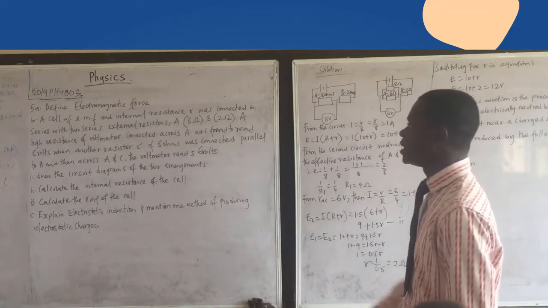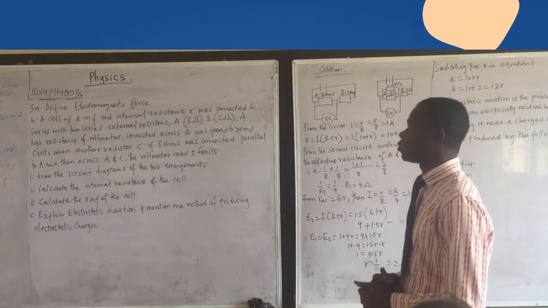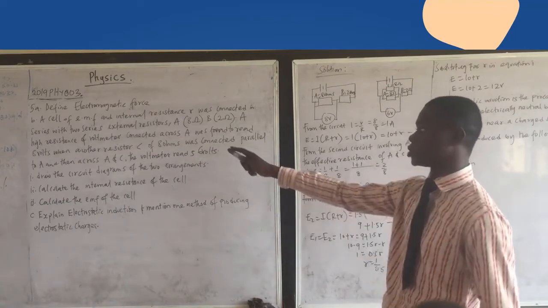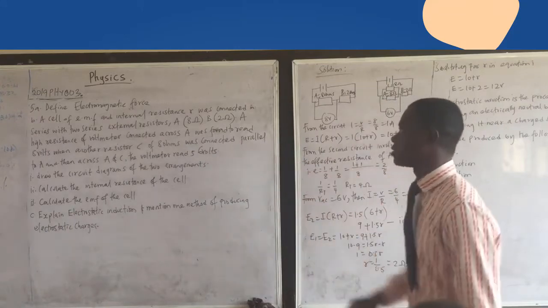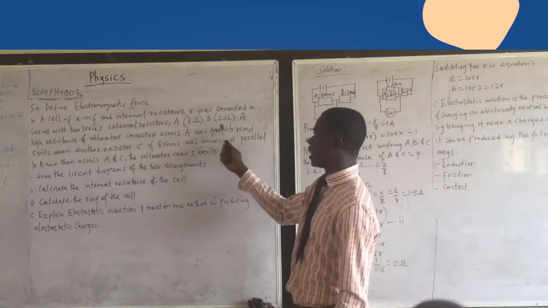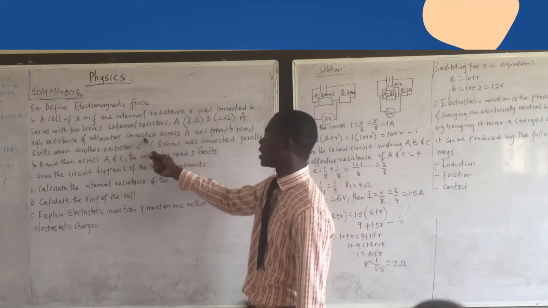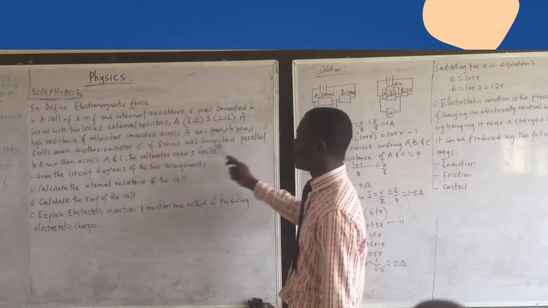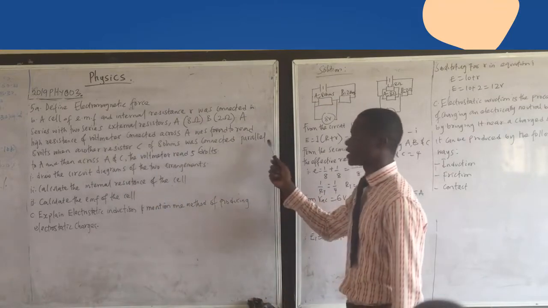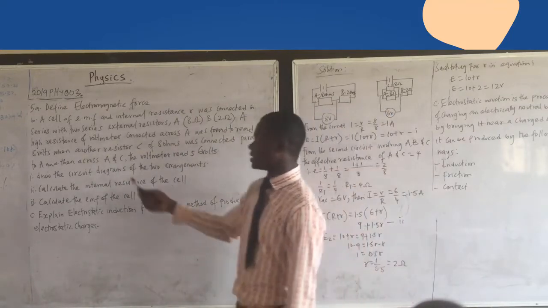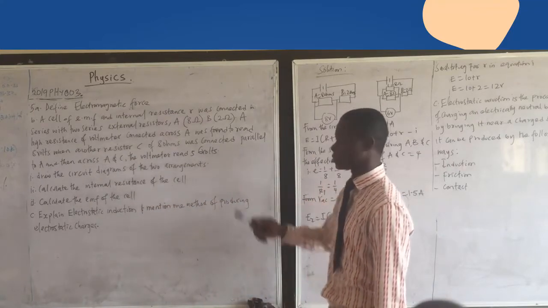So question B, a cell of EMF E and internal resistance r was connected in series with two external resistors, 8 ohm and 2 ohm. They now make us understand that a high resistance voltmeter connected across A was found to read 8 volts, and when another resistor C of 8 ohms was connected parallel to A, the voltmeter across A and C reads 6 volts.